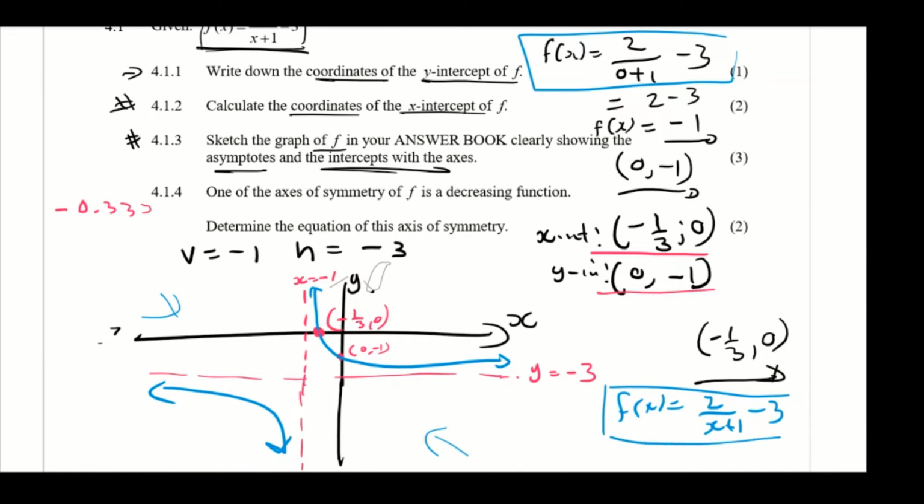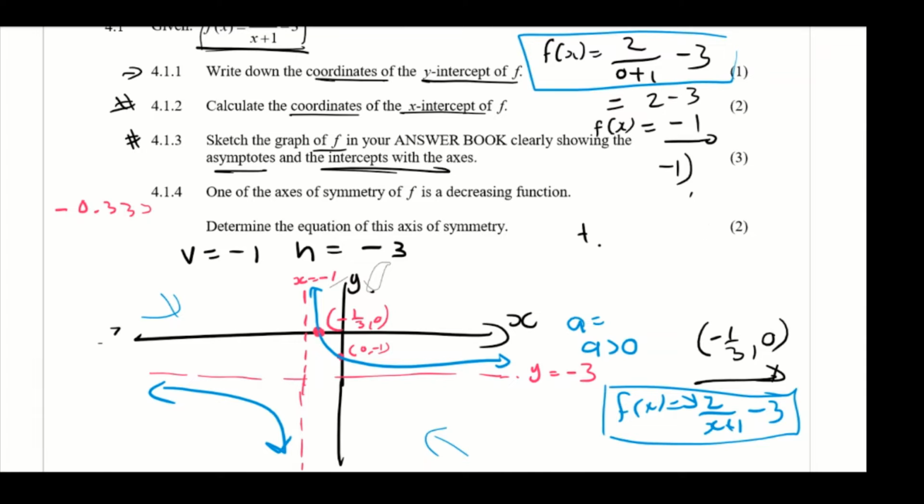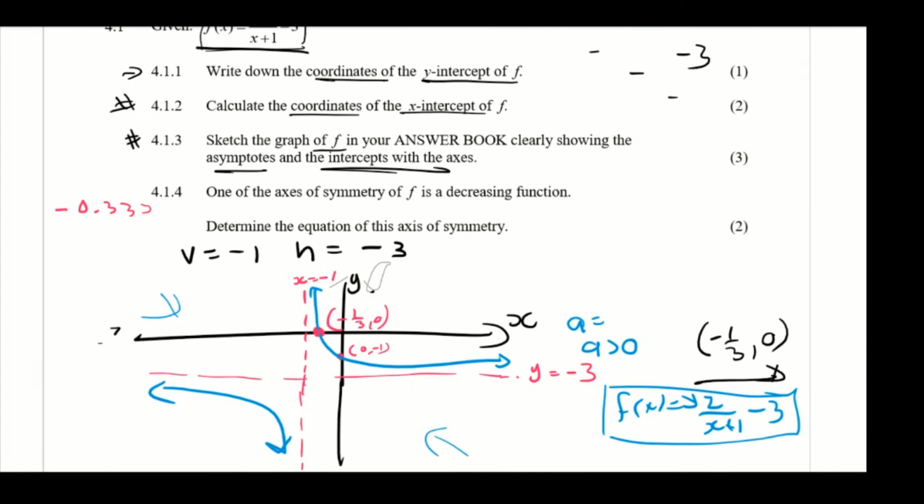So in this equation here, our a value, which is this 2 here, our a is equal to 2. So our a is greater than 0. So when a is greater than 0, meaning it's positive, our hyperbola is going to be in the first and third quadrant.